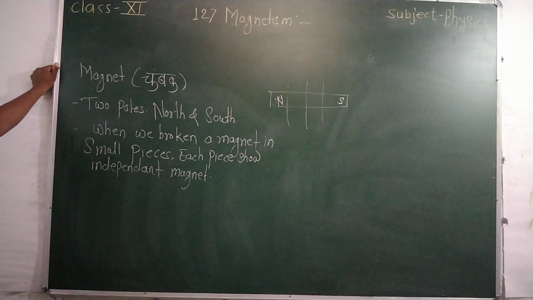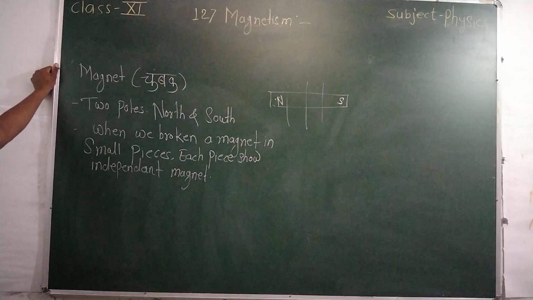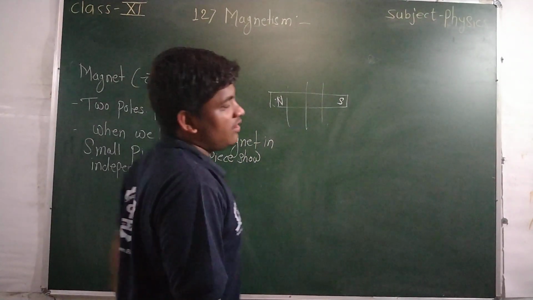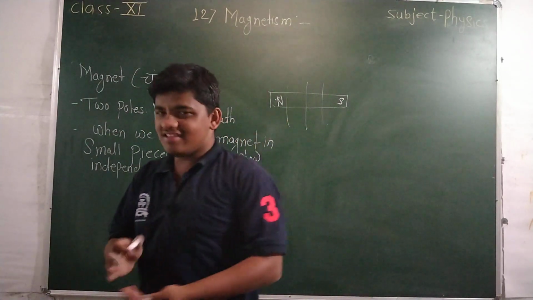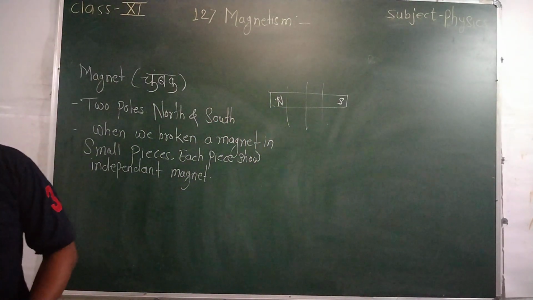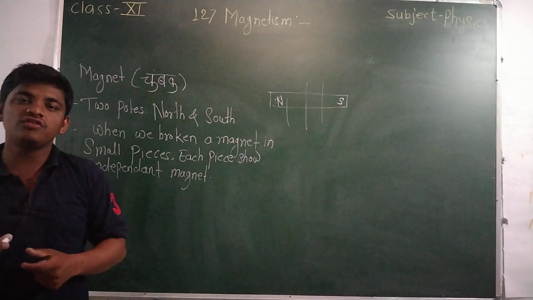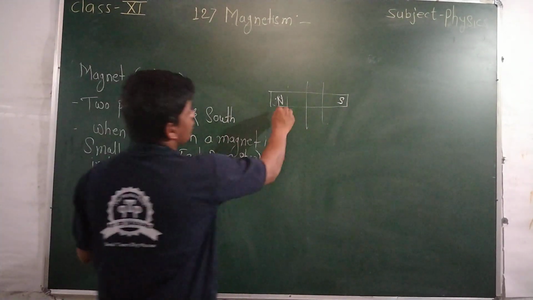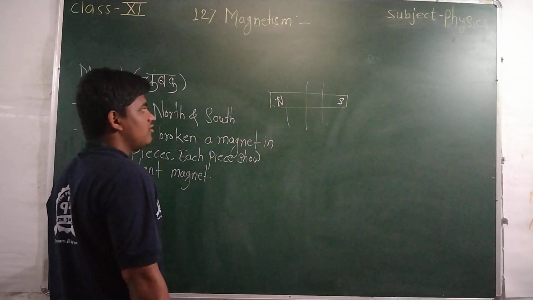In science, opposite parts attract each other. Male attracts female, and like this, positive charge attracts negative charge, and also the north pole attracts the south pole.